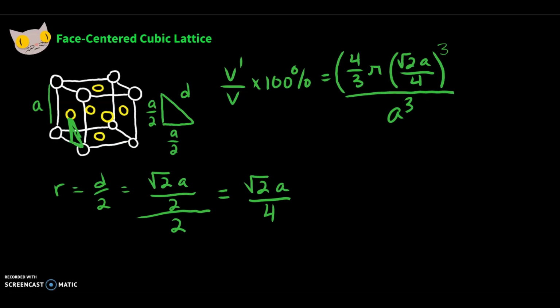And the top portion here we're going to multiply by 4 because of our 4 atoms. And then multiplying by 100%.